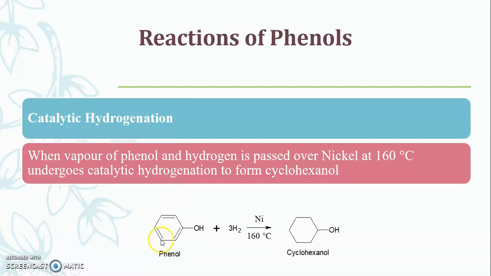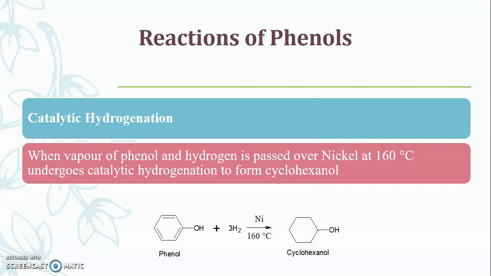In this way, phenol, which is an unsaturated compound, is converted into cyclohexanol, which is a saturated compound. Generally, catalytic hydrogenation is nothing but reduction, but it is carried out in the presence of different catalysts. The catalysts used include metals, for example nickel, platinum, zinc, iron. They are mainly used as catalysts to perform catalytic hydrogenation.